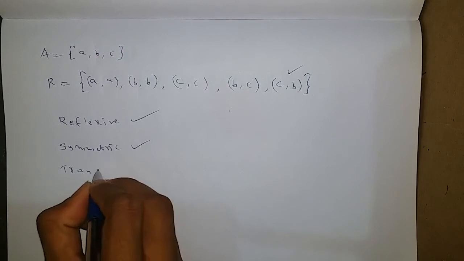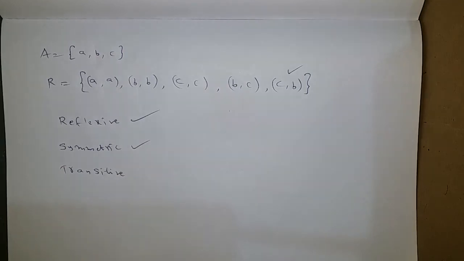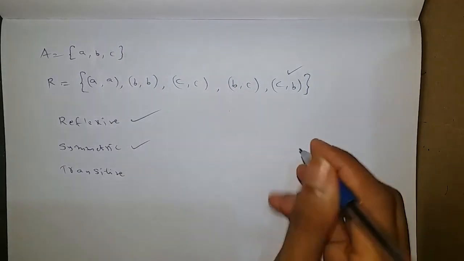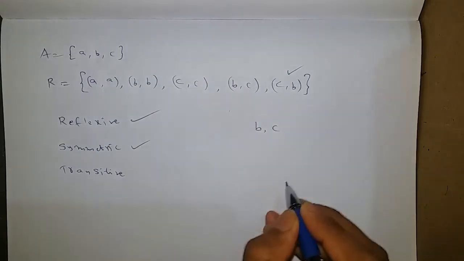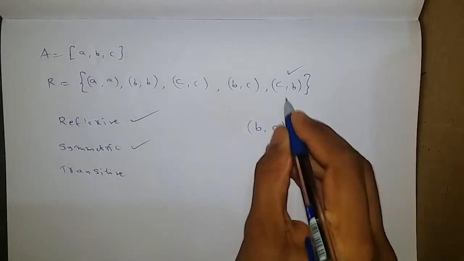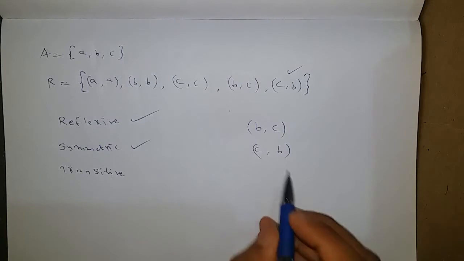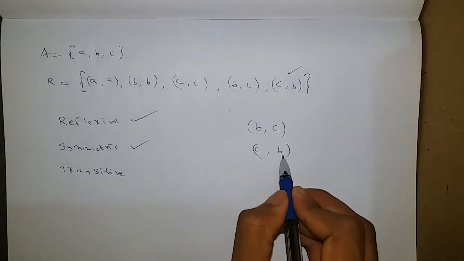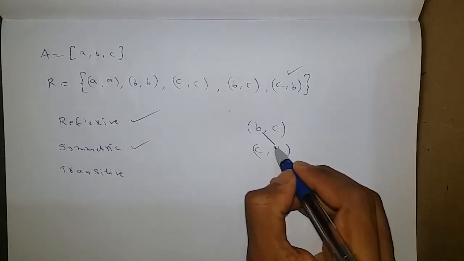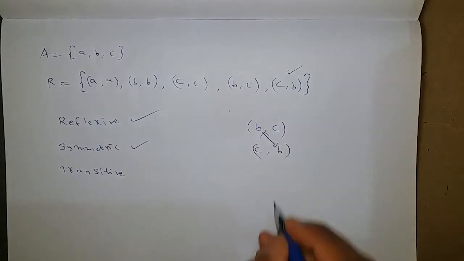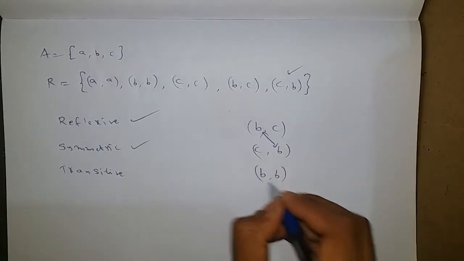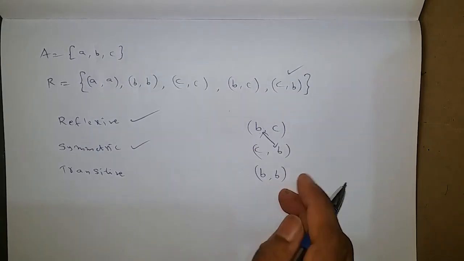Next comes transitive. For example, if I am taking (b, c), then (c, b). B is related to C and C is related to B, then there must exist a relationship between B and B. So (b, b) should be there in the relation.